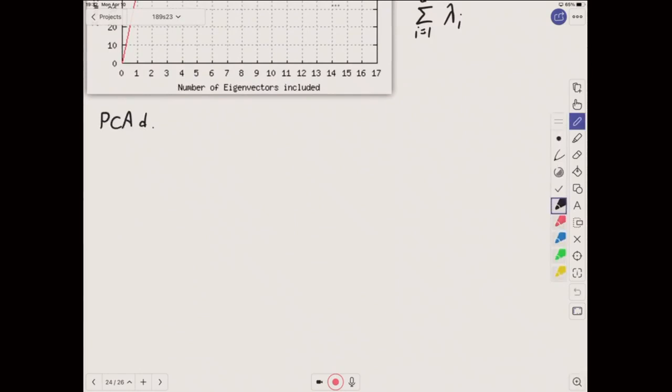Now I want to give you a second derivation of PCA. I told you that we're looking for the subspace that will maximize the variance of the data, in a sense. And here I want to show you that's literally true.